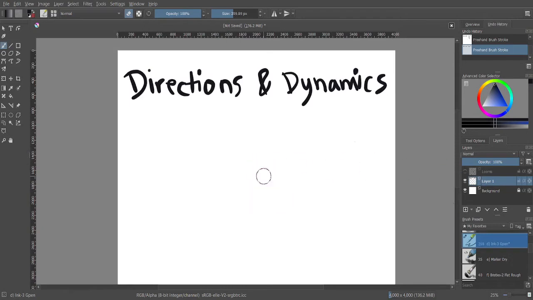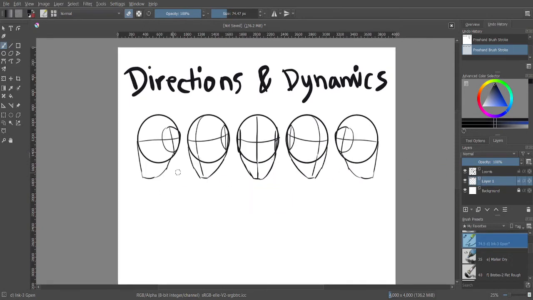So what I have for today, I prepared, are these Loomis heads, as they're called. And you can clearly see just from the lines without any facial features that this one is looking to here, this one's looking a bit towards us, this one's looking right at us, this one's looking away to the right, and this one's looking to the right, exactly.